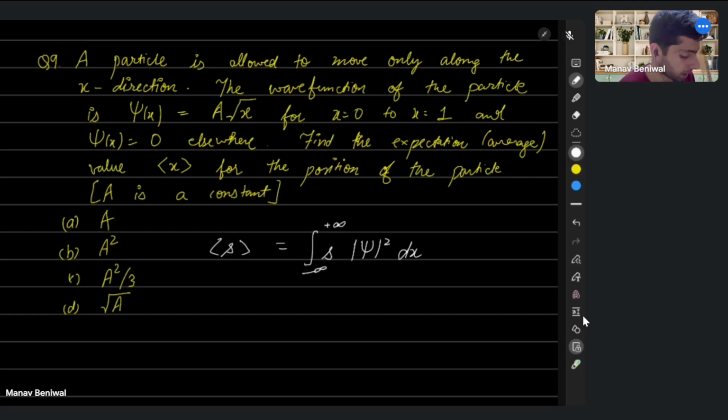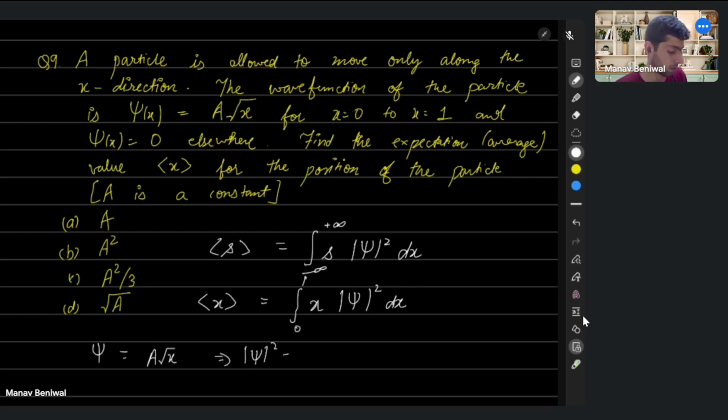In this problem we are asked about x, and note that psi is 0 elsewhere, so we can take limits from 0 to 1. Instead of s we can put x, and this will be mod psi squared and dx. Okay, now psi is given to be a under root x, which means mod psi squared will become a squared x.